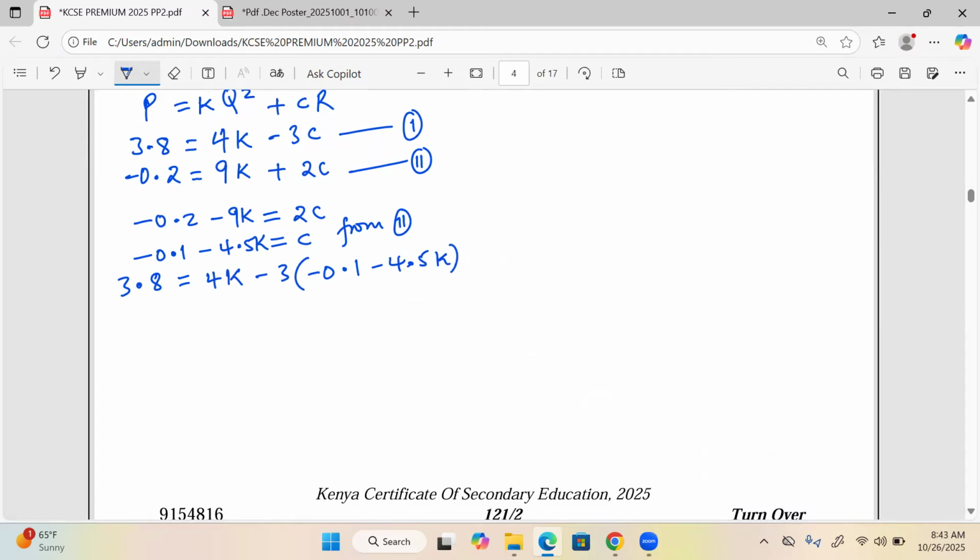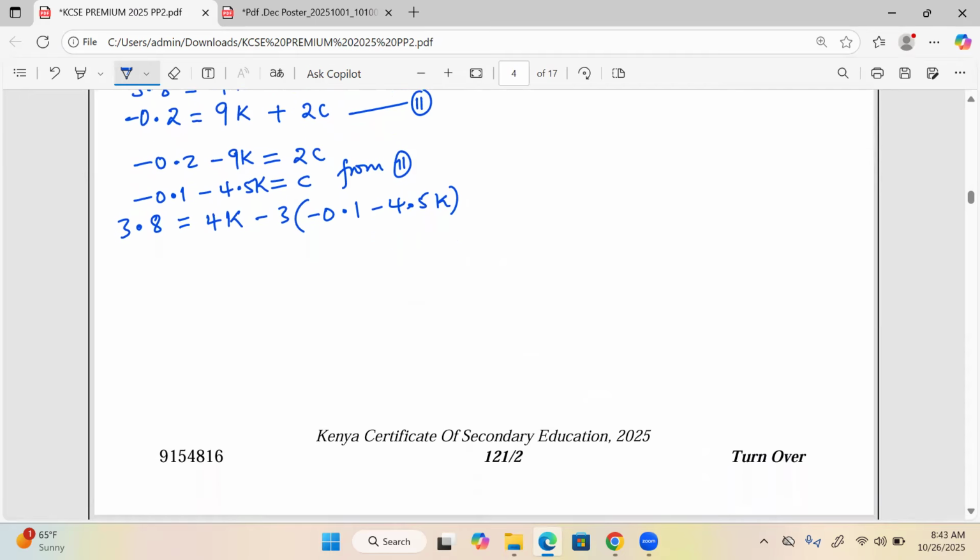Remember, I've been talking about solution of simultaneous equations, solution of quadratic equations. For both paper 1 and paper 2, we can't avoid those types of equations. We shall solve them even in topics that are very independent. So 3.8 equals 4K.